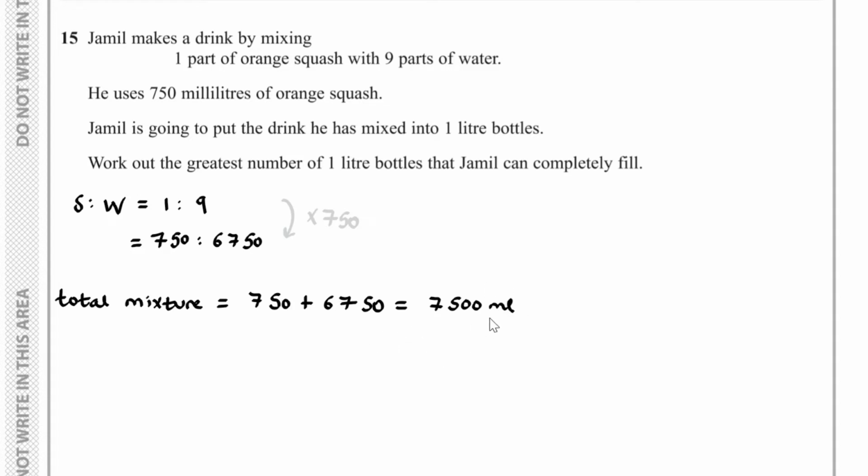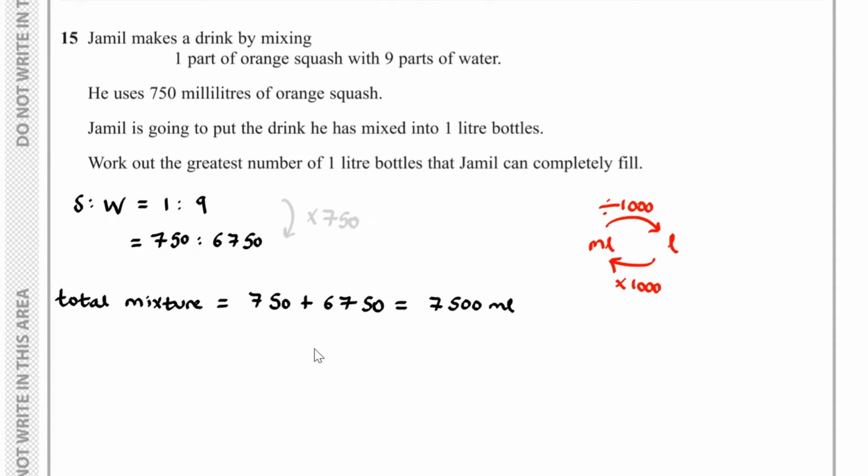And we wish to find out how many 1 litre bottles we can completely fill. And we know that the bottles are in 1 litres. So I think it will be a good point to convert the milliliters into litres. We divide by 1000 to go from milliliters to litres. We multiply by 1000 to go to milliliters from liters.